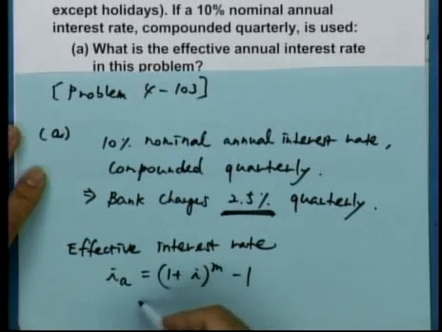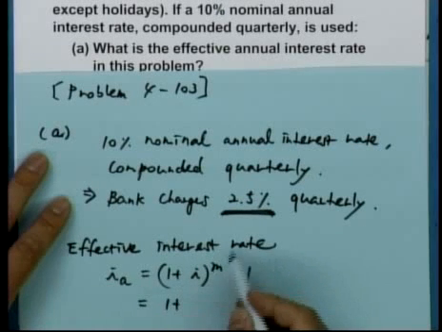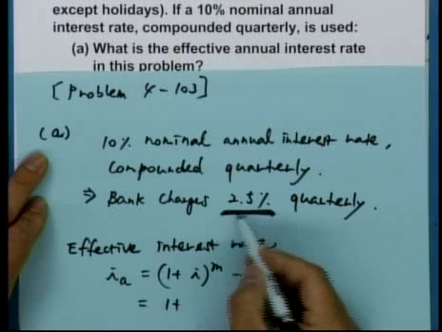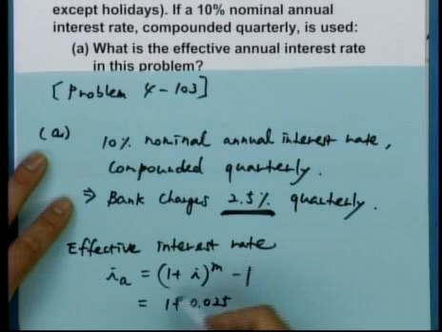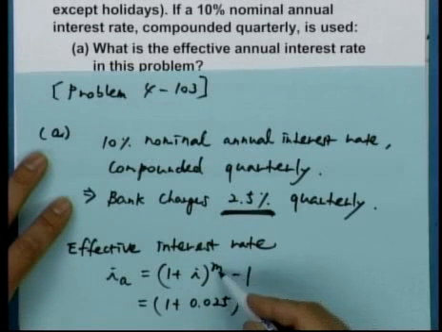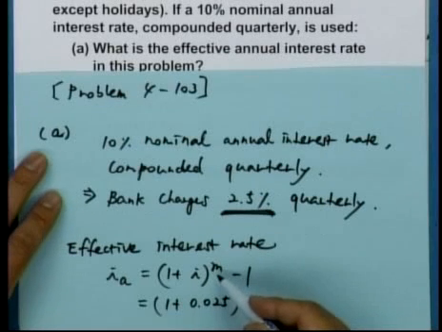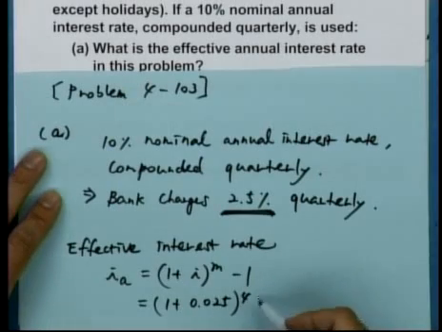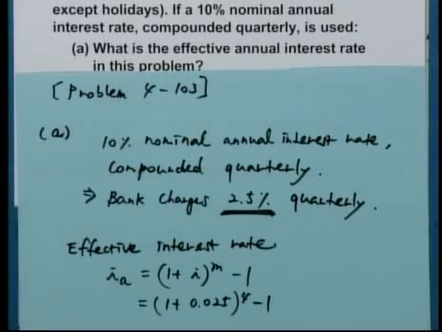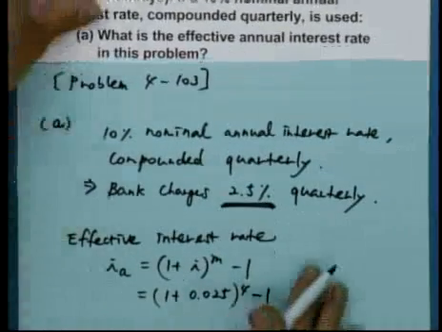So here 1 plus I is 0.025, right, to the power m, because there are 4 quarters in a year. M would be 4, minus 1. So how much is that?